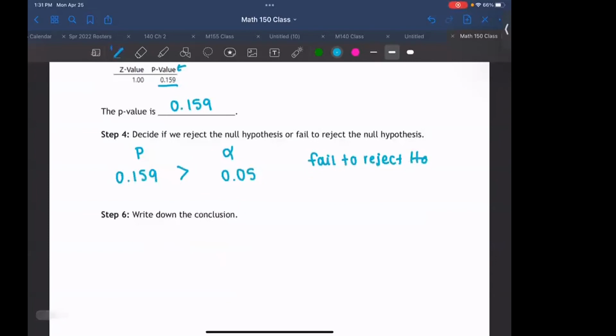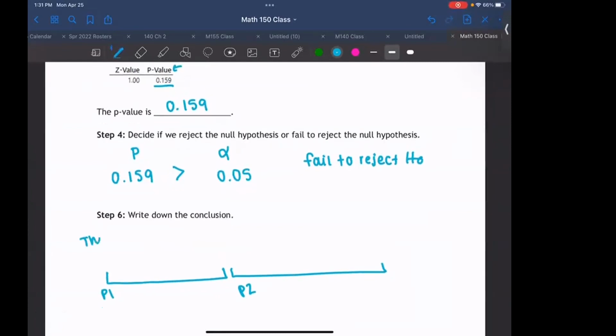Finally, all we have to do is write our conclusion now. Remember, our conclusion has 2 parts. Okay, part 1, part 2. If we fail to reject, do we start with we conclude or not enough evidence? Not enough evidence, good.